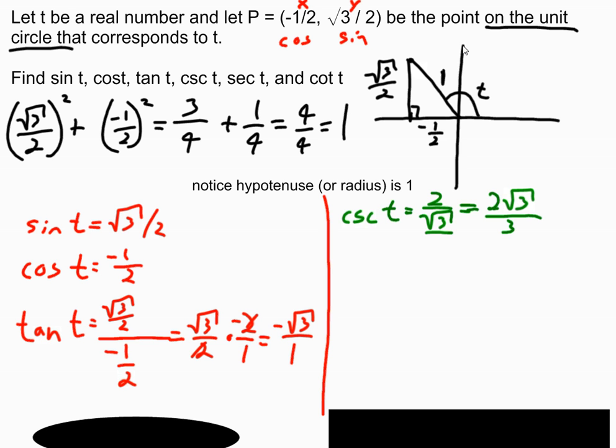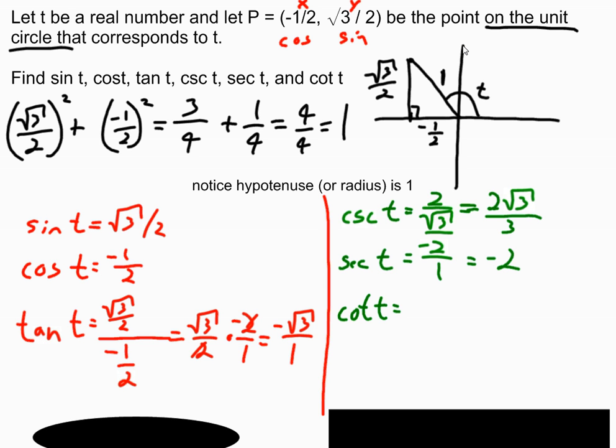Cosine, flip the c, that goes to s, so that's secant of t is equal to 2 over negative 1. Rationalize, simplify it to negative 2. Easy enough. Tangent of t, so the reciprocal is cotangent of t.